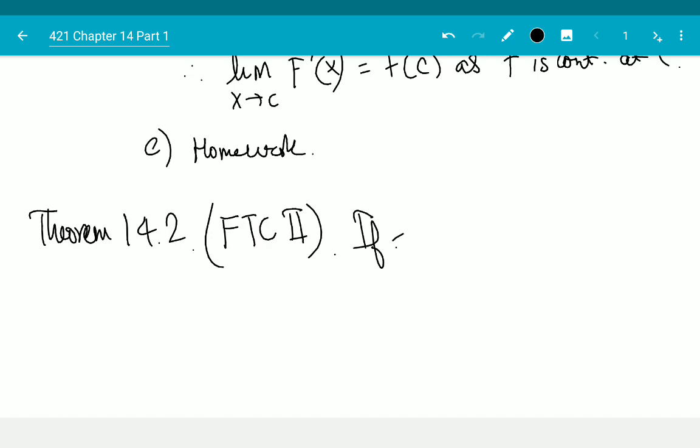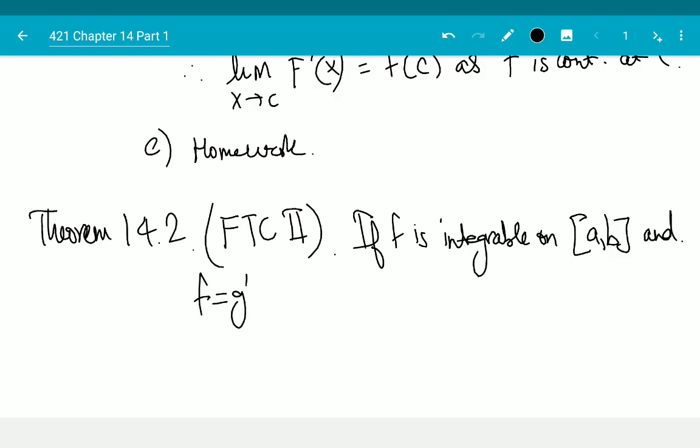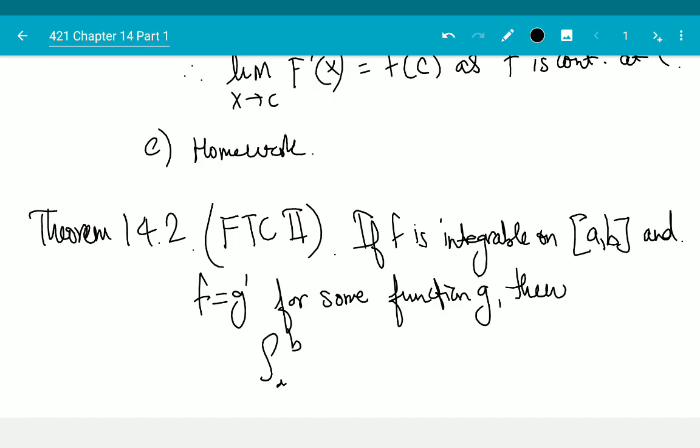If f is integrable on a to b, and if small f is equal to g prime for some function g, then the integral from a to b of f is equal to g of b minus g of a.